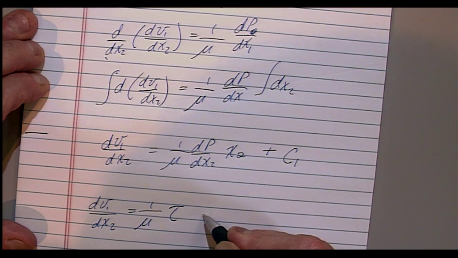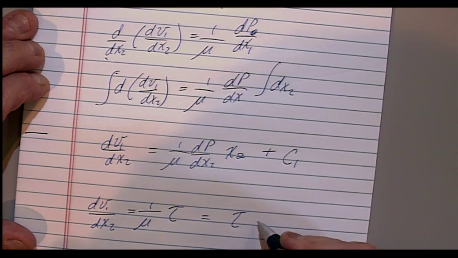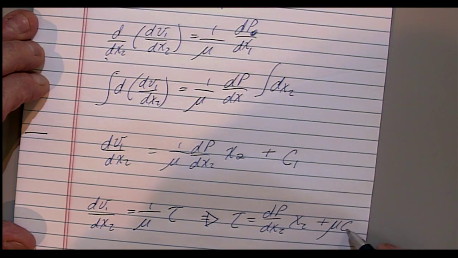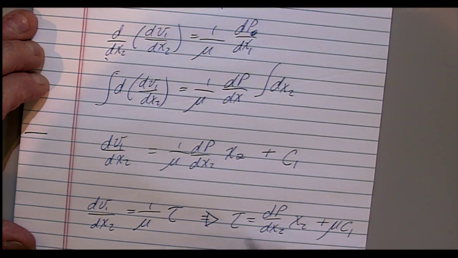And so that implies that the shear stress tau is just going to be equal to the pressure gradient times x2 plus mu times C1. Okay, so now we have an expression for the shear stress as a function of position. If we can solve for C1, we'll be home free. So we're going to call this equation 3.